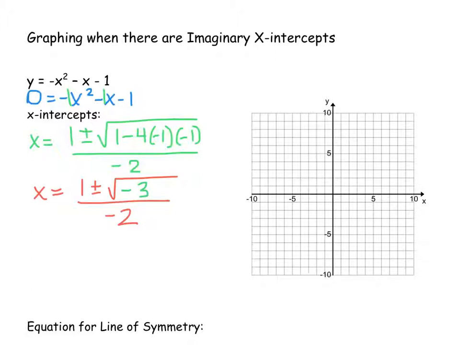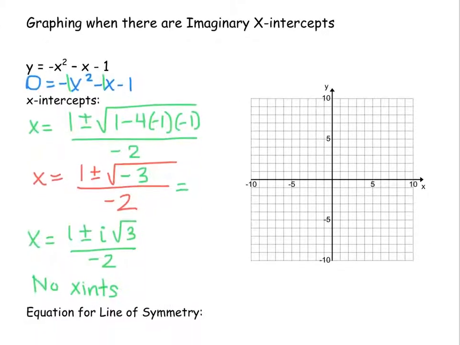So right then I know this is going to be a no x-intercepts problem because that will give me an imaginary solution. So write it showing I have an imaginary number. X equals 1 plus or minus i square root of 3 divided by negative 2. And the meaning of that is that we have no x-intercepts on our graph.